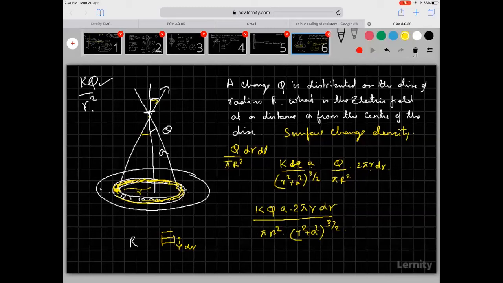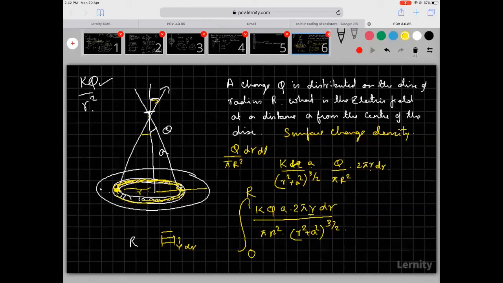Now you have to integrate this to get the value of the total electric field there. Now the integral will be from 0 to R. In the previous example, I taught you how to do dr by r squared plus a squared power 3 by 2. Now there is an r here. So now again the way you integrate is going to change.